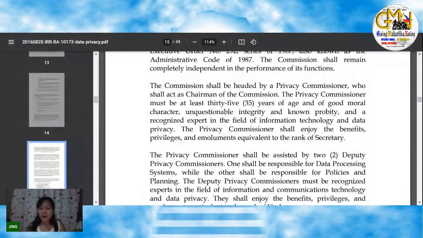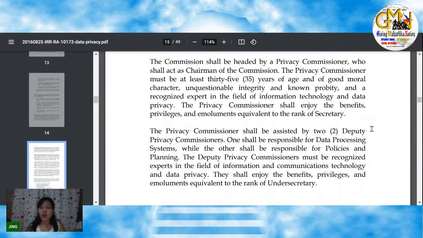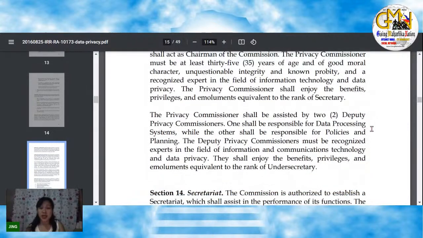The privacy commissioner must be at least 35 years of age and of good moral character, unquestionable integrity, and known probity, and a recognized expert in the field of information technology and data privacy. The privacy commissioner shall enjoy the benefits and emoluments equivalent to the rank of secretary.